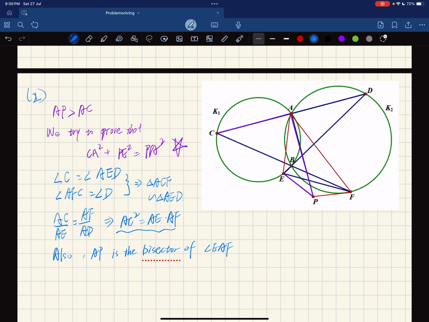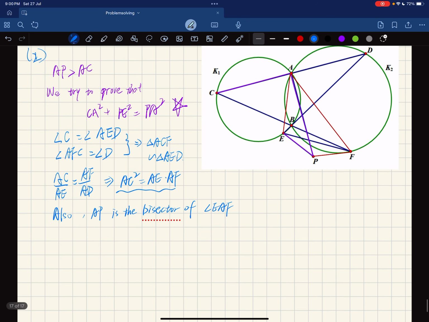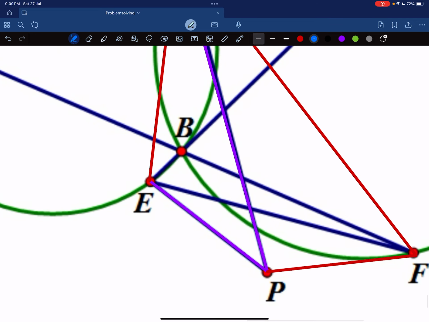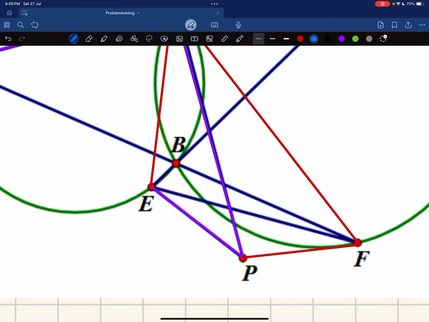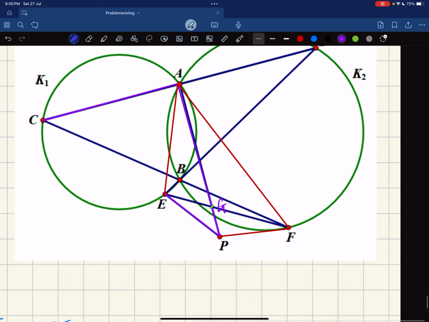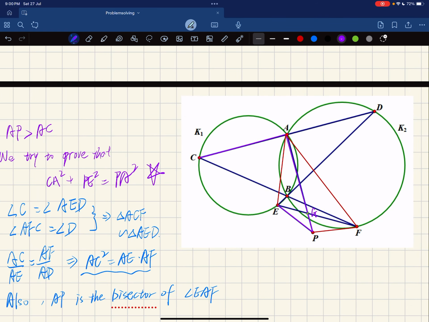We want to get PE squared, and we might find that if we mark the intersection of AP and EF as the point G, what can we get after?